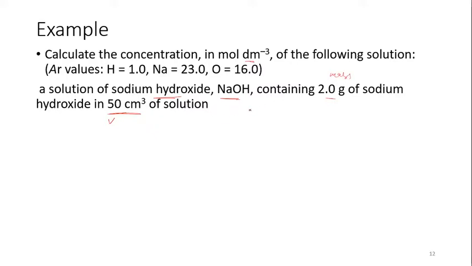So now I have the volume, and I have the grams, which means I have the mass. So my first step would be converting the mass into moles, and I will use these moles to get the concentration.